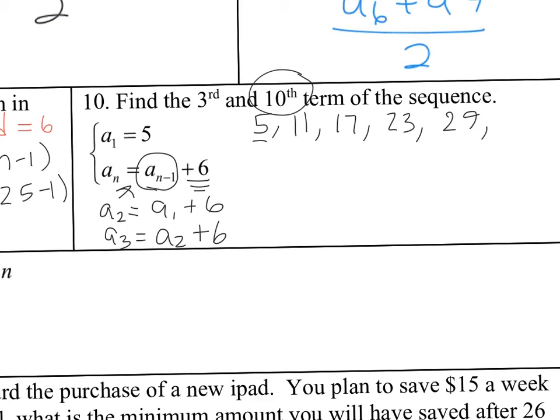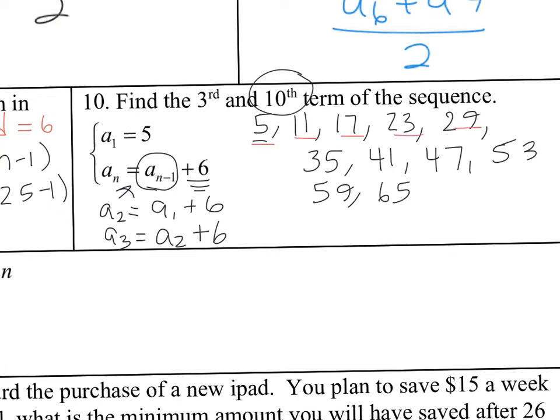So this turns into 29, 35, 41, 47, 53, 59, 65. So I got, maybe I went too many, 1, 2, 3, 4, 5, 6, 7, 8, 9, 10, so 59. So here's the third term, here's the 10th term, but remember if you go higher, I would write the explicit form.